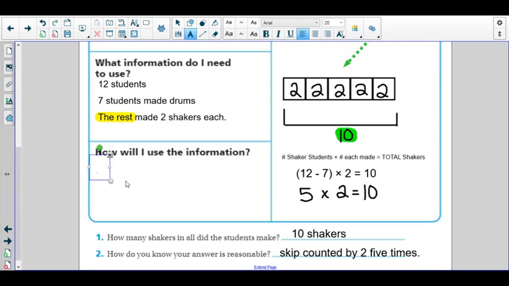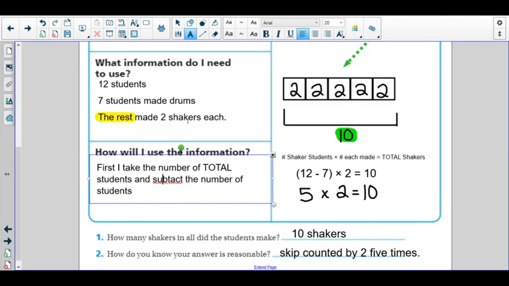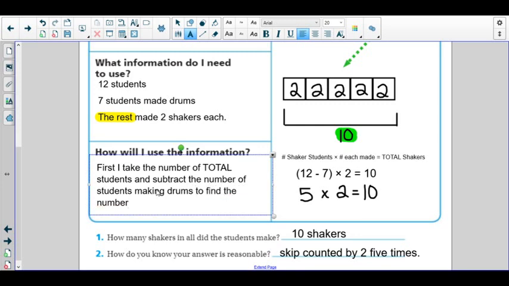First you'd say, first I take the number of total students and subtract the number of students making drums to find the number of students making shakers.